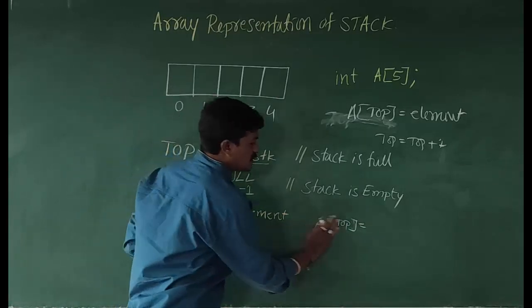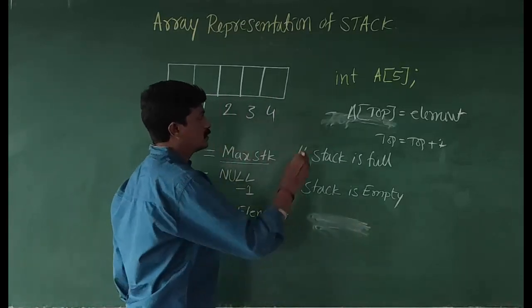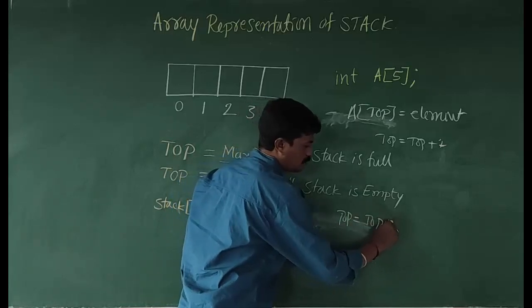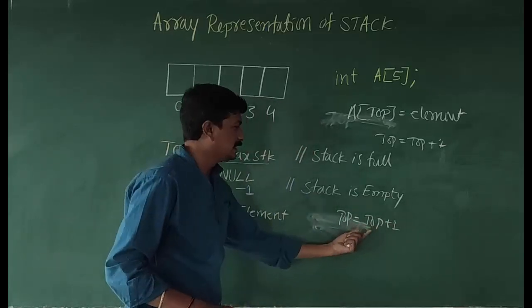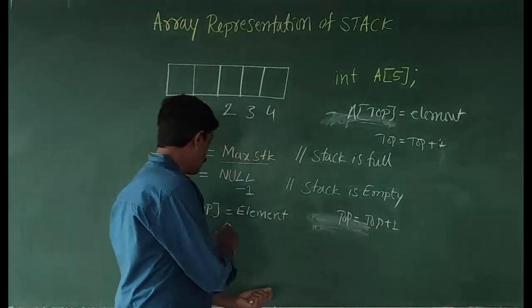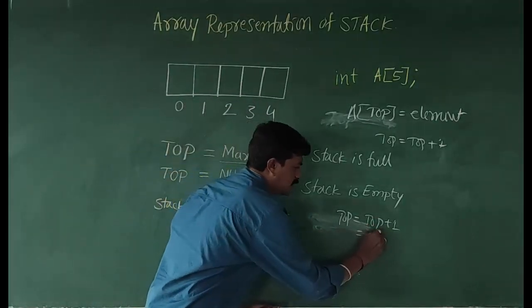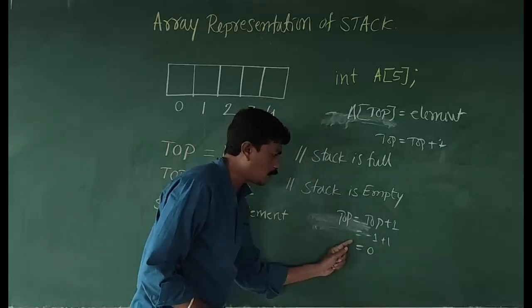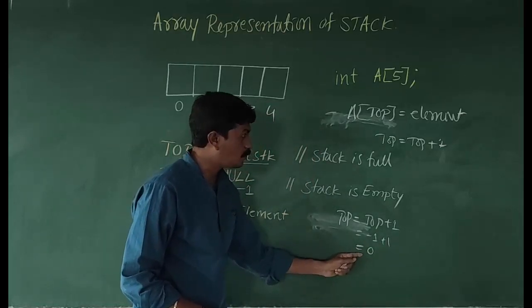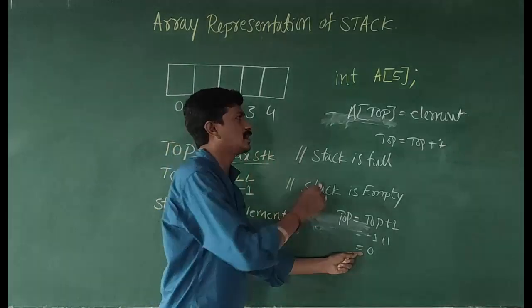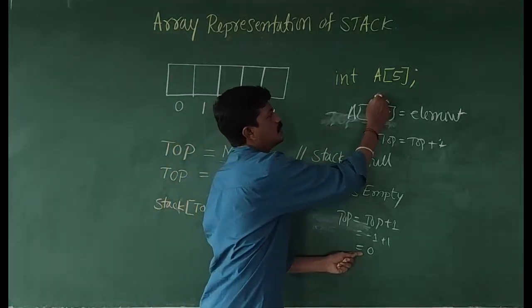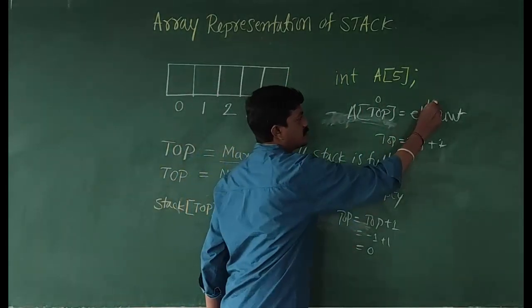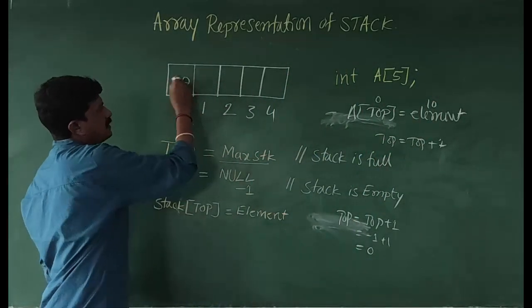Initially top is minus 1, plus 1 equals 0. Now top is pointing to 0. If top is pointing to 0, and you want to insert an element at A of 0 index, you want to insert an element 10, just insert 10.